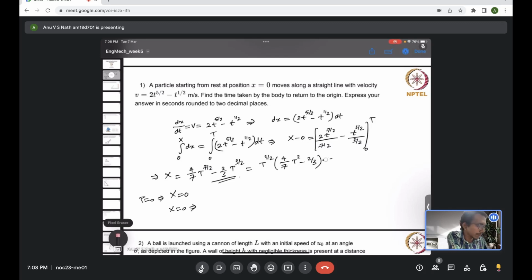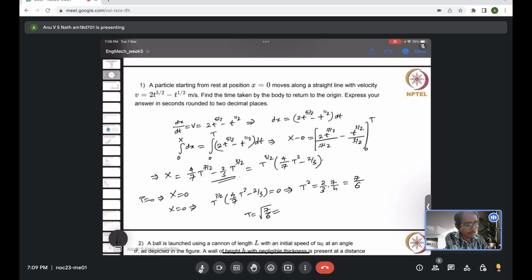So we will see that, t raised to 3 by 2 times 4 by 7 t square minus 2 by 3 equal to 0. That's what we want. If you solve, we'll get t square equal to 2 by 3 times 7 by 4, which is 7 by 6, or t is equal to square root of 7 by 6.